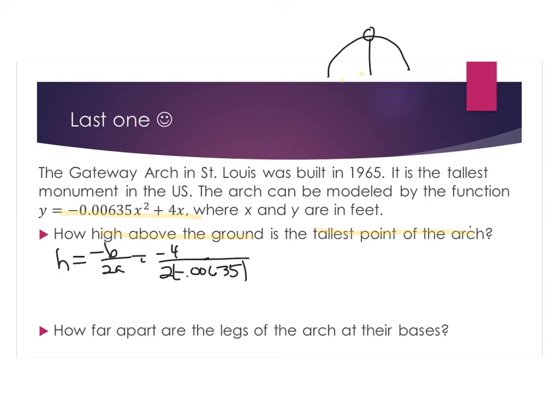Make sure you use parentheses for the denominator. Hopefully you get something like 314.961. Okay, so after we find the h-coordinate, now we find the y-coordinate of the vertex, or the value of k.